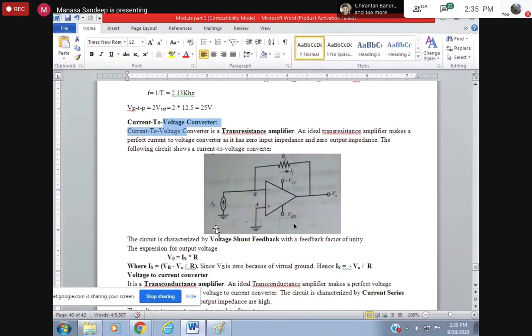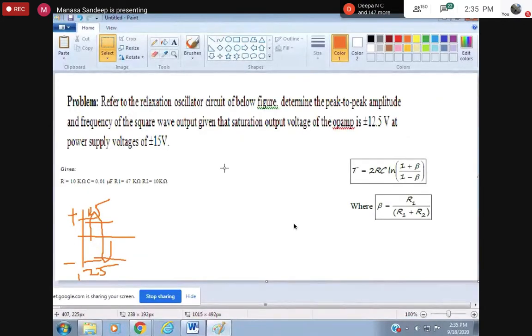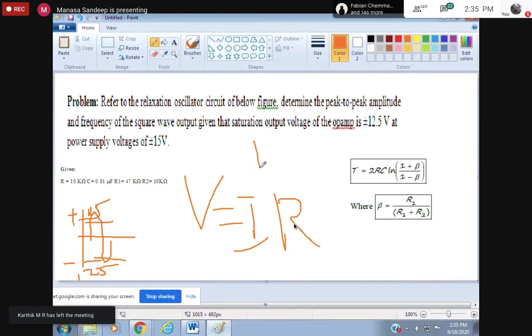On screen you are seeing the circuit diagram of that one. This conversion is basically done by using Ohm's law, and you know this very well. Ohm's law, V is equal to IR. Here we are doing current to voltage conversion.